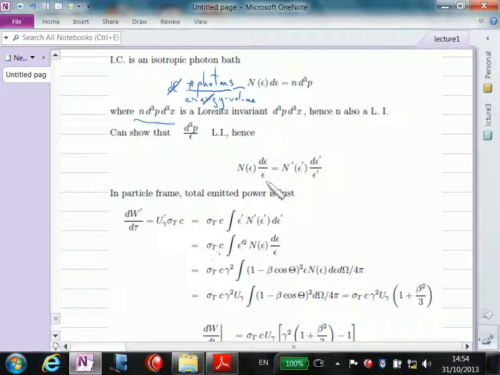I said the photons had a factor of gamma more energy, but for inverse Compton, you have to take into account the fact that when you transform into the particle frame, the energy density of the photons has changed. Because of space contraction?